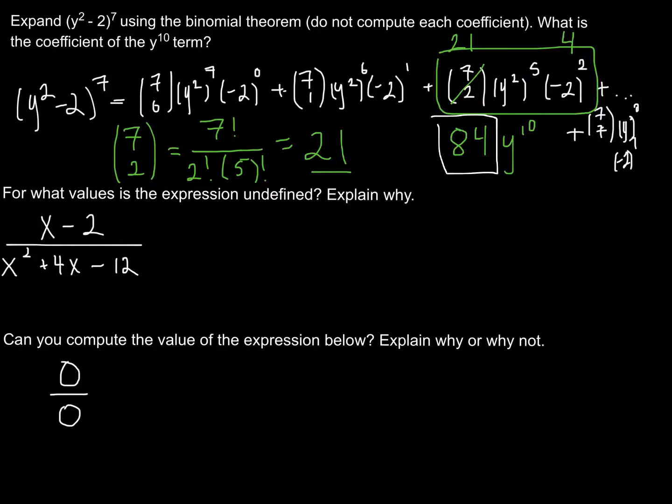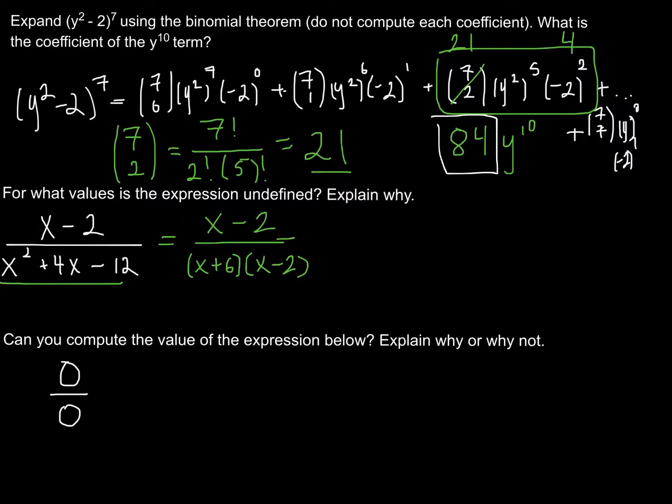For the second one, what values are going to make this undefined, my question boils down to what is going to make my denominator equal to 0. So if I were to simplify this and factor, what I would have on the bottom of my expression would be x plus 6 times x minus 2.